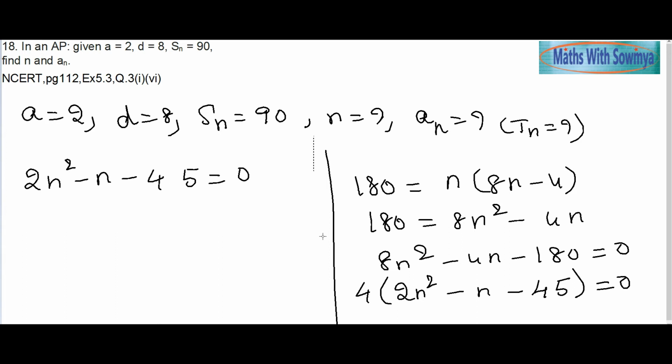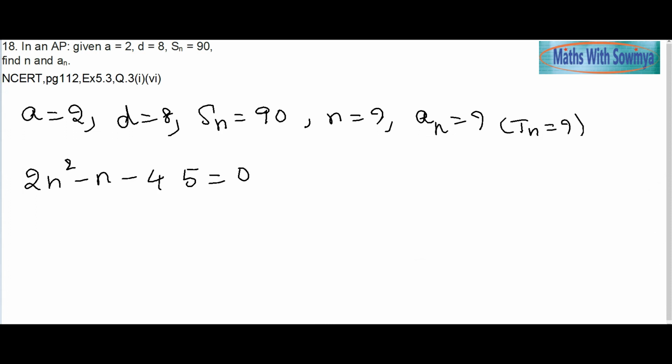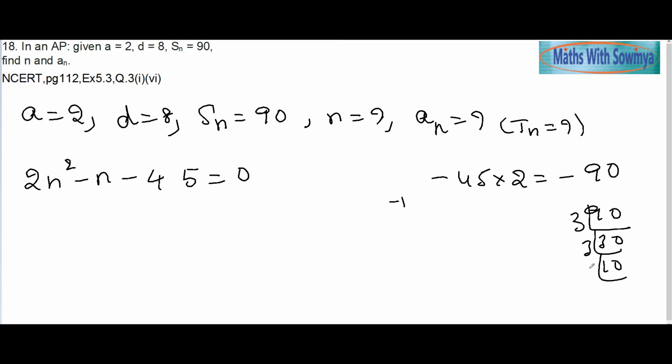We can easily find the value for this. So 45 into 2, quadratic, minus 45 into 2, we will reach minus 90. Middle one is minus 1. So with 90, we can take 10 and 9. We can get the value minus 1.